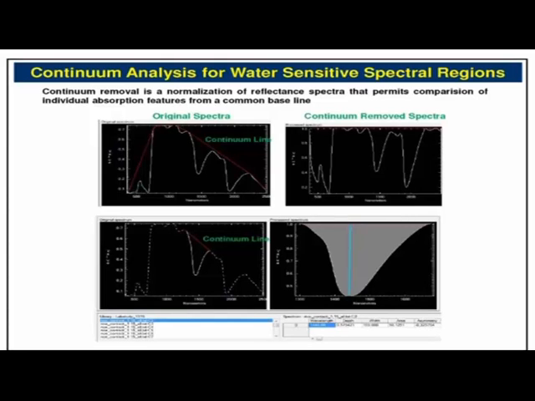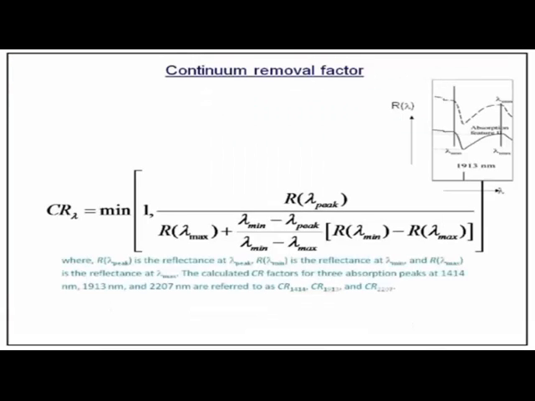So these are some of the techniques that can be used with water absorption or specific absorption bands for estimating different parameters. Yesterday I discussed the continuum removal factor. Using it, one can also estimate relative water content, and this is the continuum removal factor that has been used, with a good R-square value for the prediction models.